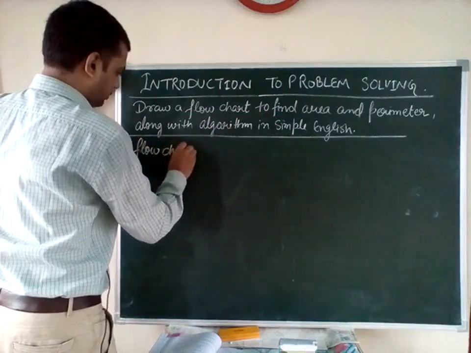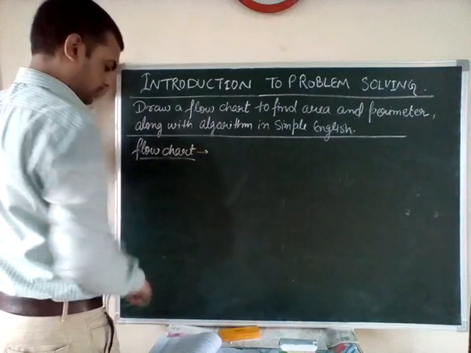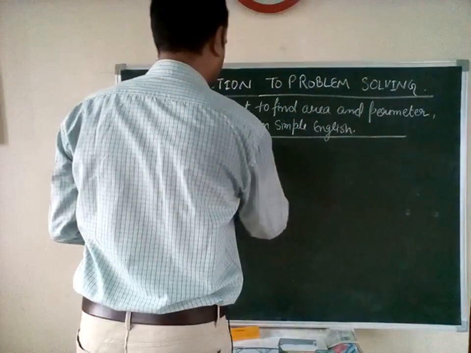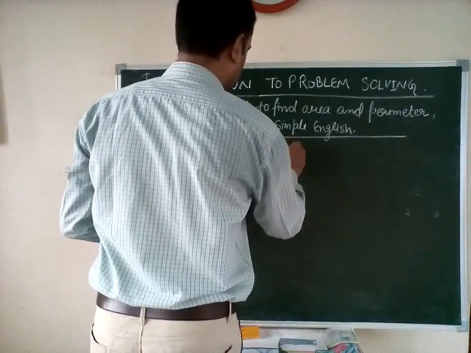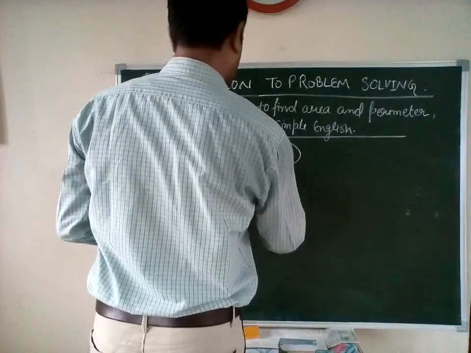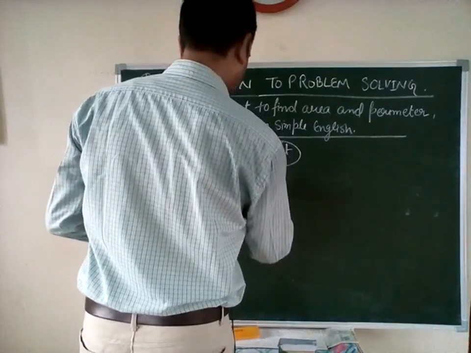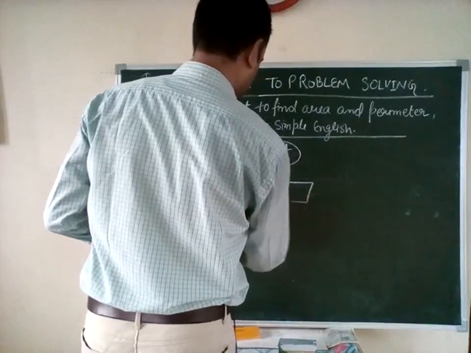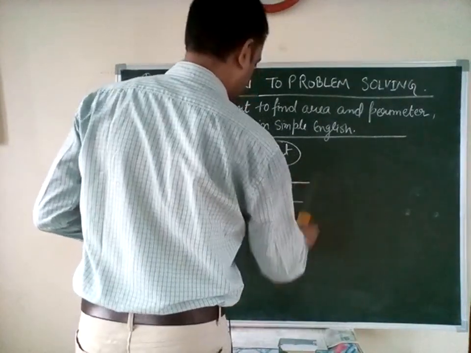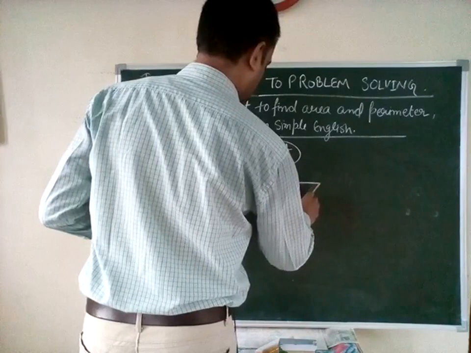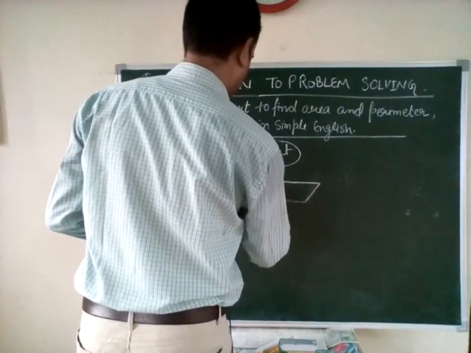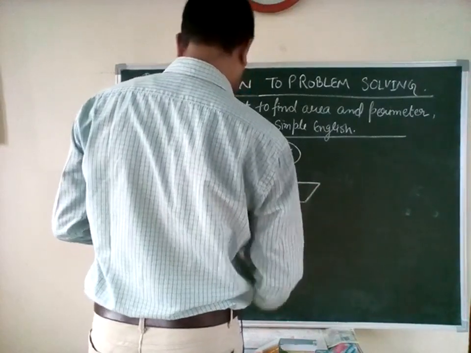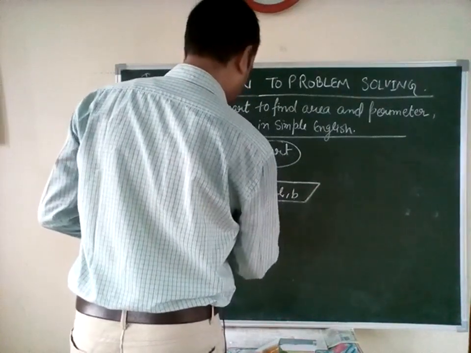Flow chart. Now you will start the program. After starting, you will input the values, input L and B, length and breadth you will input, then you have to process.